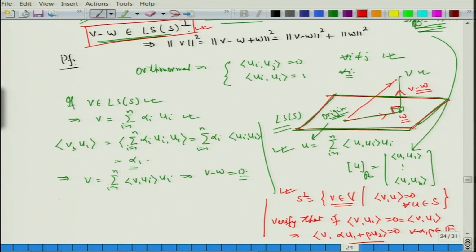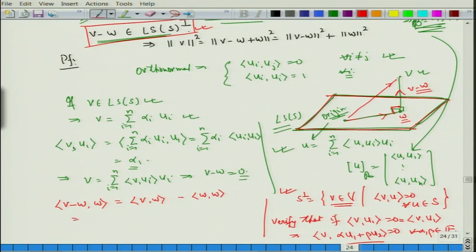So, let us look at the inner product of V minus W with W. By definition this is V comma W minus W comma W.